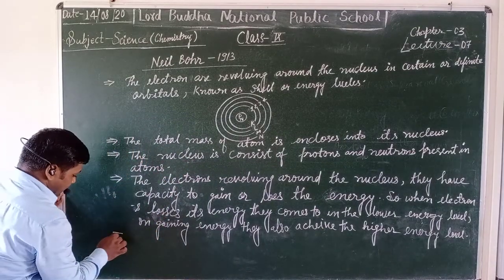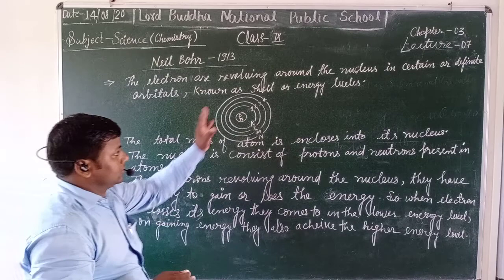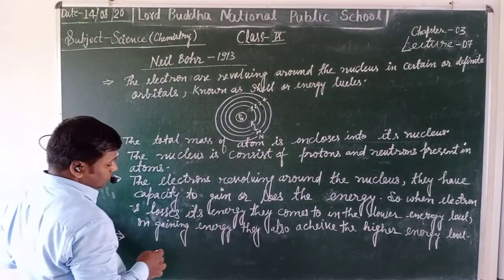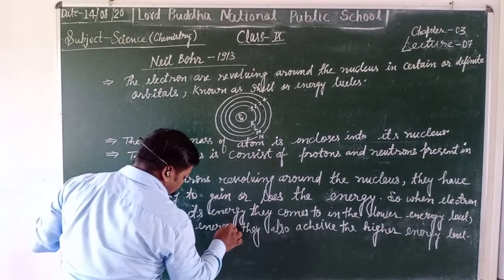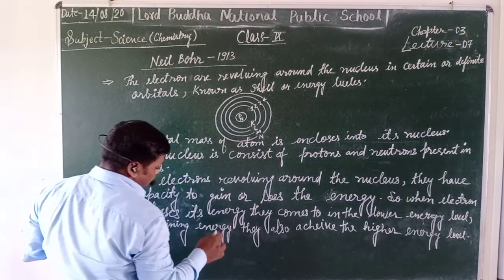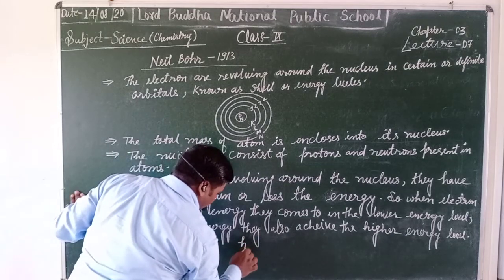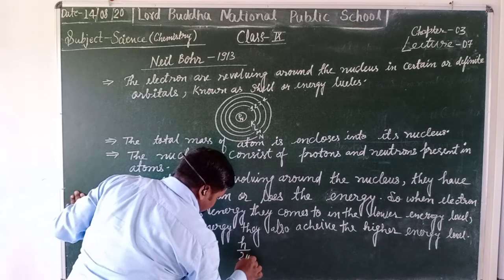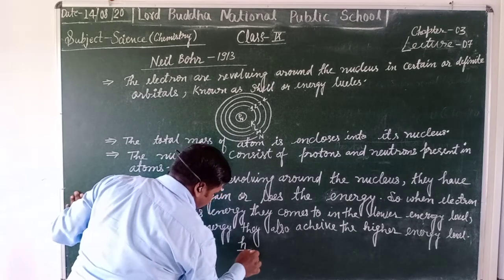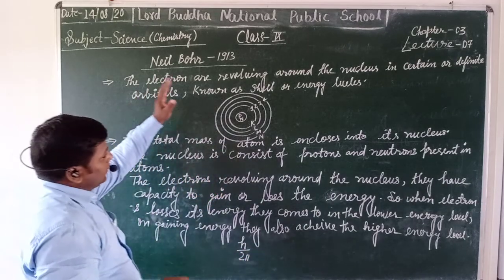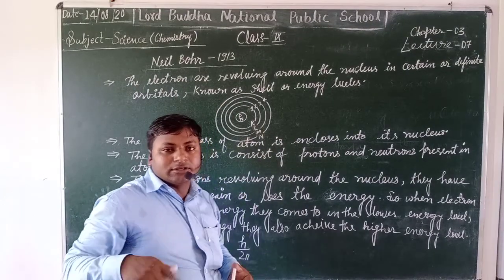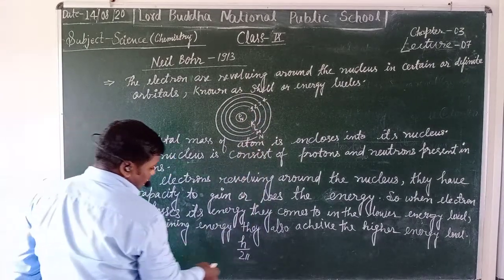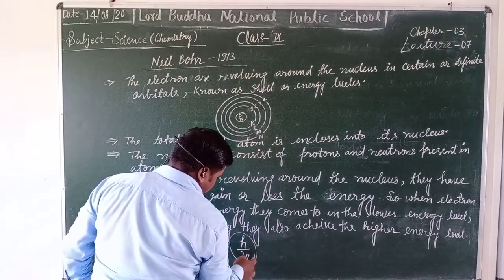He also stated that to maintain a definite energy level, each and every electron needs to have angular momentum equivalent to h upon twice pi, where h is Planck's constant. It means the motion through which the electrons revolve in a definite orbital is maintained by this constant.